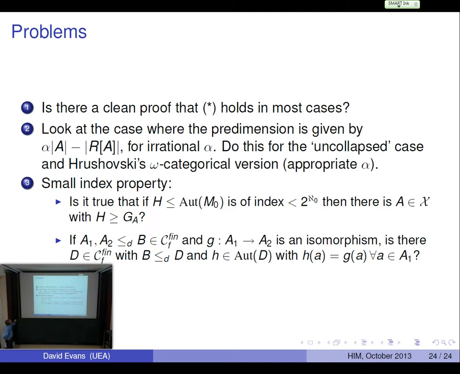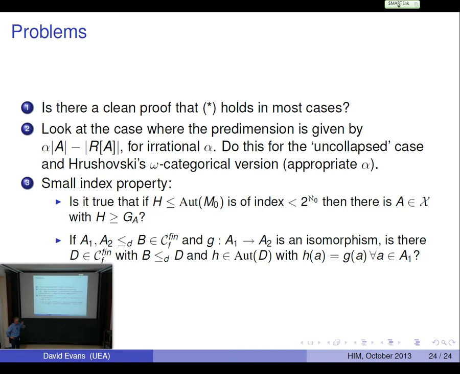Well, that's the second question here. So if rather than working with integers m and n, I take some irrational alpha and take alpha times the number of vertices minus the number of edges, then there's an M0, and it turns out that there's a 0-1 law associated to choosing hypergraphs where you choose the edges with probability n to the minus alpha, or maybe it's 1 over alpha in this case.